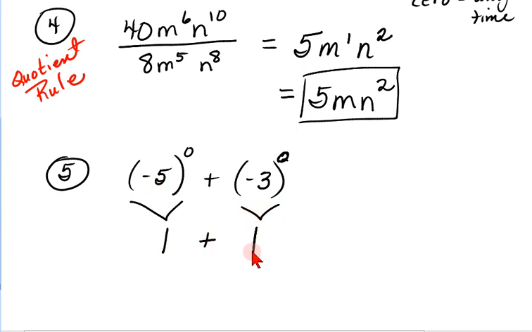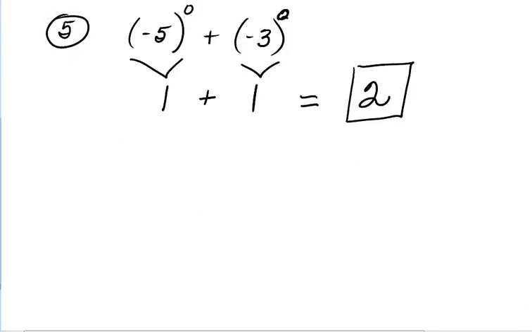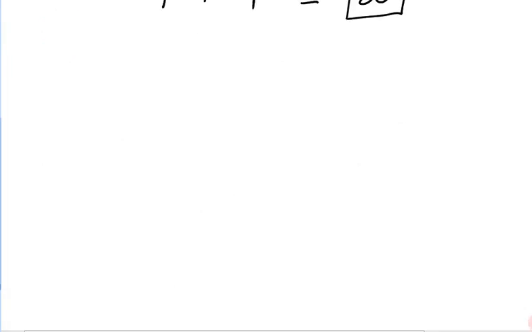That one's equal to 1. And now finish it up. Add them for 2. Anytime you see a 0 exponent, you can jump into it immediately and say, I'm replacing that with 1. Any base to the 0 power is 1. The exception is 0 to the 0 power, which is undefined, and it will not come up on your test.